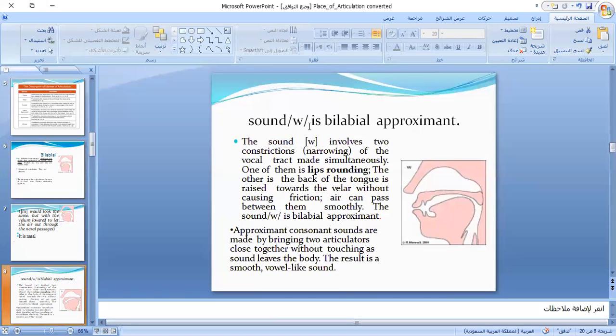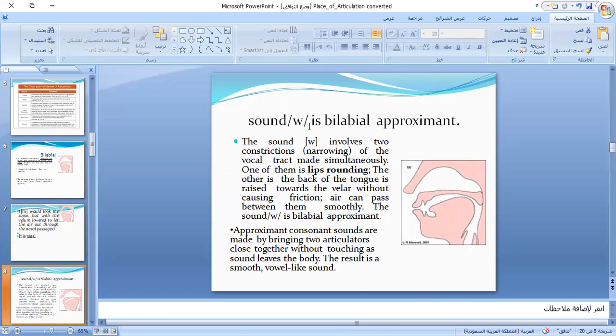The sound W involves two constrictions, narrowing of the vocal tract, made simultaneously. It means at the same time. One of them is lip rounding. The other is the back of the tongue raised towards the velum without causing friction. Air can pass between them smoothly.